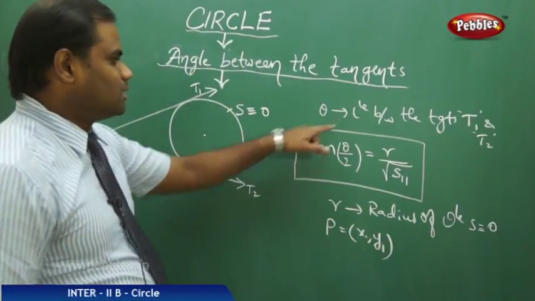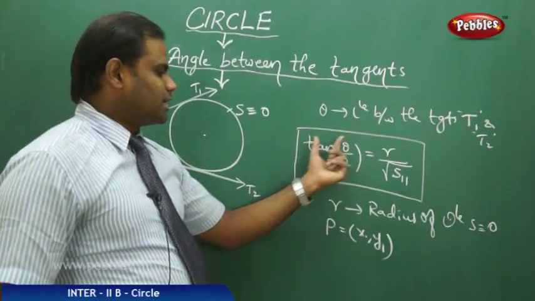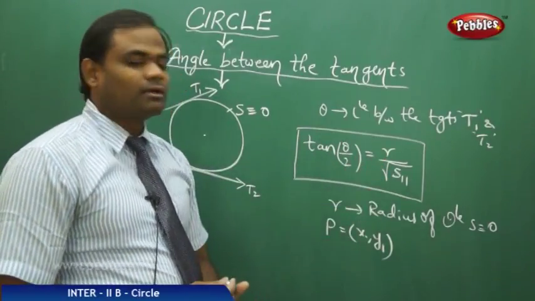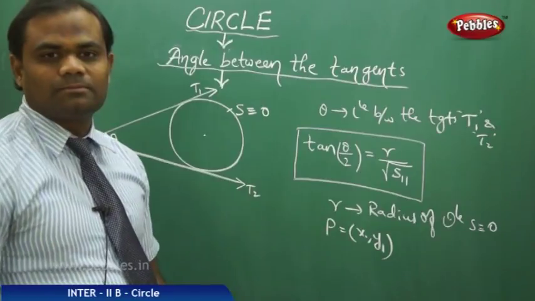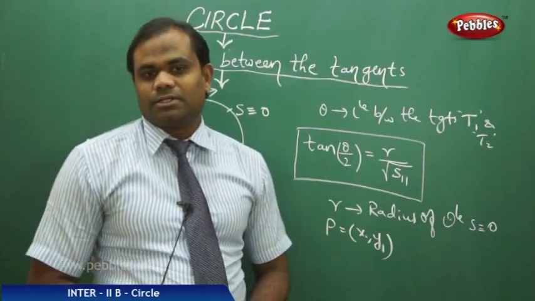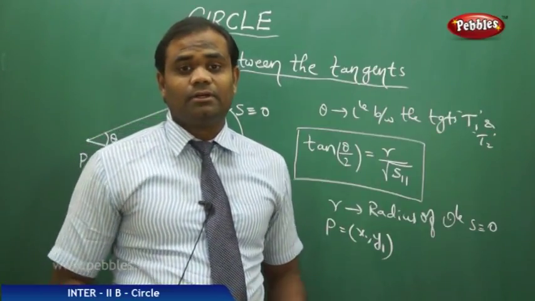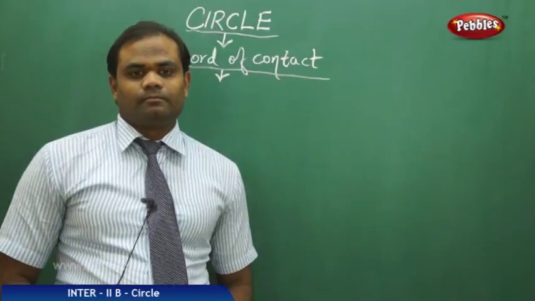This is how we find theta, the angle between two tangents of a circle.